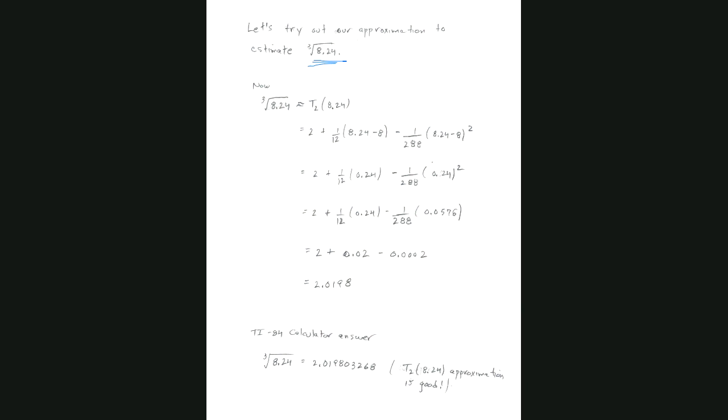Well, you've taken calculus 2, so you can get the second degree Taylor polynomial. So the cube root of 8.24 would be approximately the same as evaluating the second degree Taylor polynomial at x equals 8.24. And you notice 8.24 falls between 7 and 9. I want the approximation to be good, so I have to stick between 7 and 9.